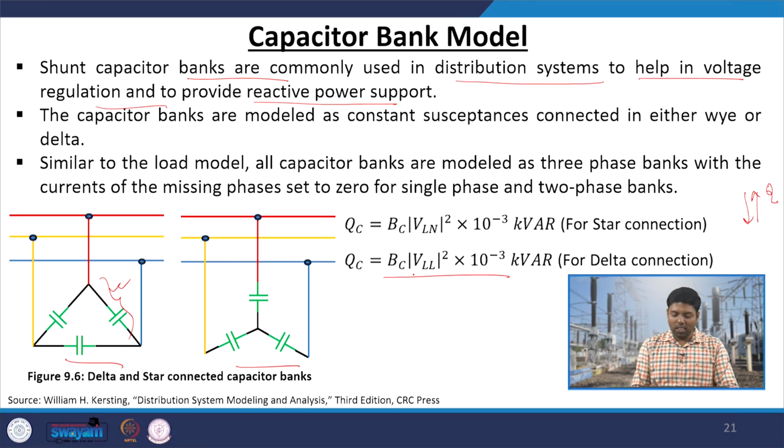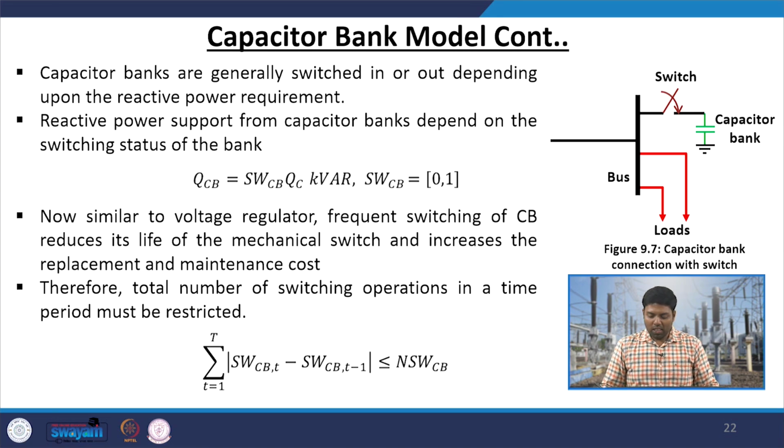That means, with the same voltage level, if you connect the capacitor bank in delta, then your Q_C will be more compared to a star connected capacitor bank. And depending upon whether you need a single phase or two phase connection, you just take one phase out from the delta or star, and then you will have a two phase or single phase connection. This is the mathematical model.